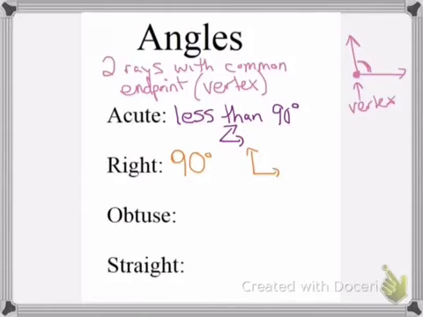Right angles have this little box next to the vertex. That symbol will always mean there is a right angle there. So if you're given that, you automatically know there's a right angle. An obtuse angle is greater than 90 degrees. It might look something like this.